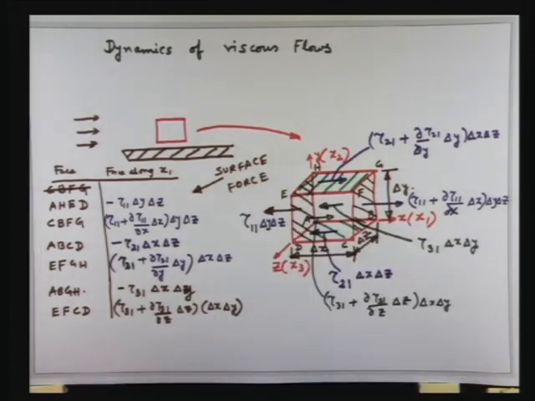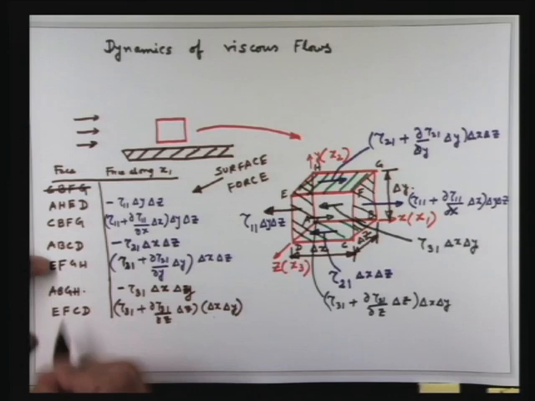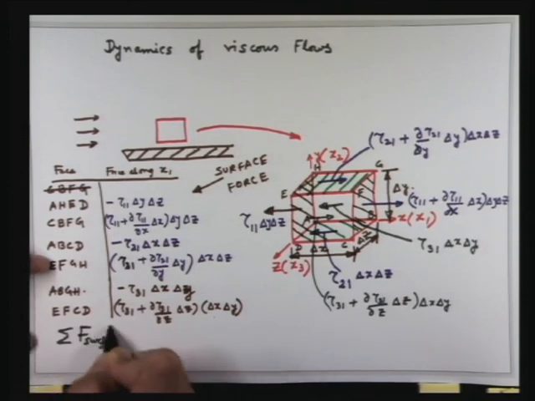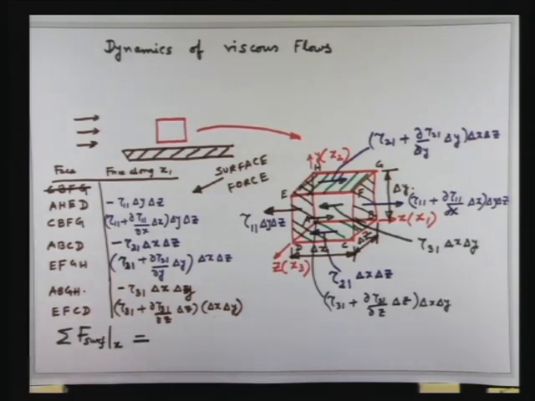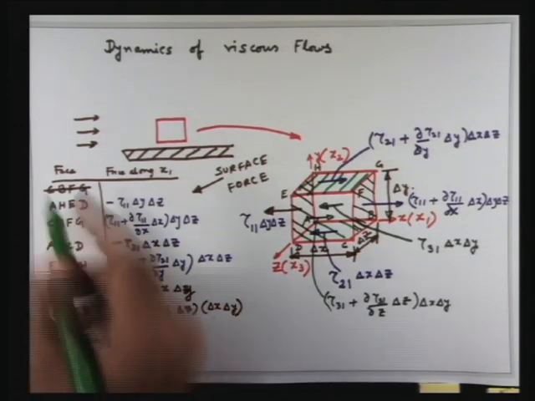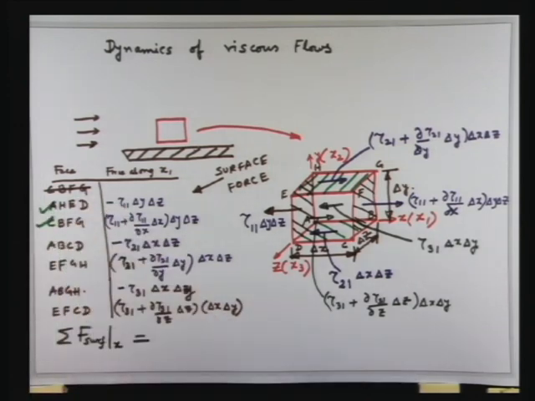So now let us make a balance of these forces. Let us write the resultant surface force along x direction. We will do it very easily by considering first these two.